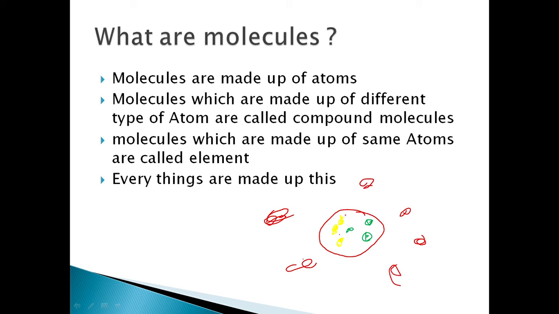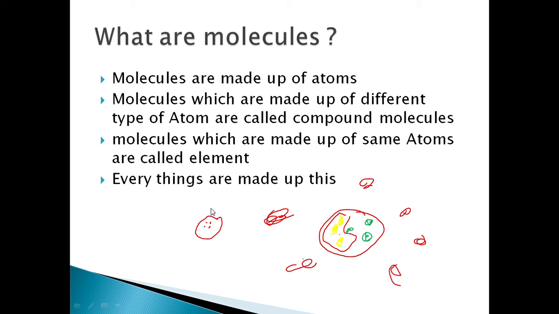The number of protons tells us about the atom. If the number of protons is 3 in our first example, and in our next example the number of protons is 4, it's a completely different atom.